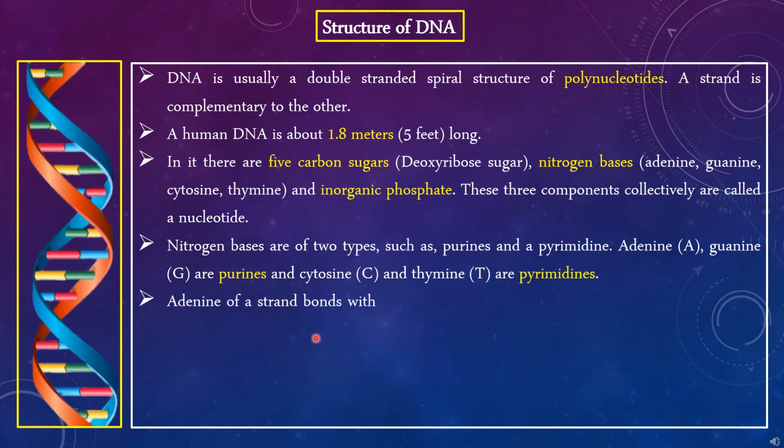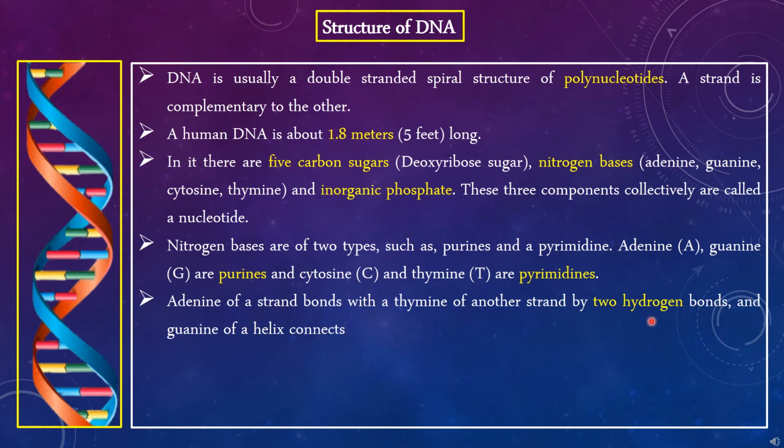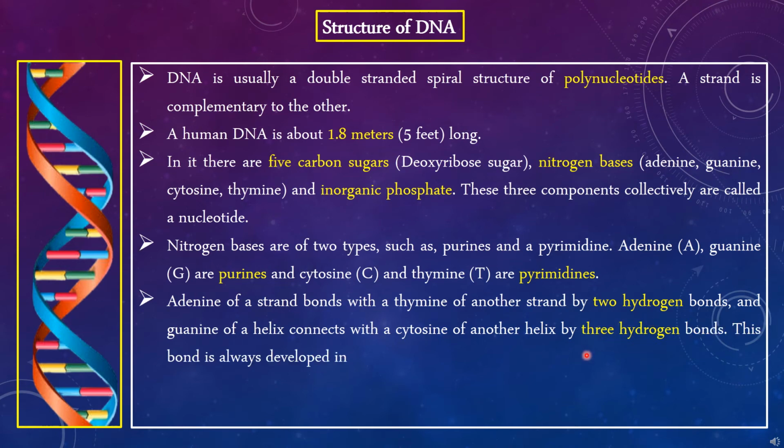Adenine of one strand bonds with thymine of another strand by two hydrogen bonds. And guanine of one strand bonds with cytosine of another strand by three hydrogen bonds. So we can say a bond is always developed between a purine and a pyrimidine.